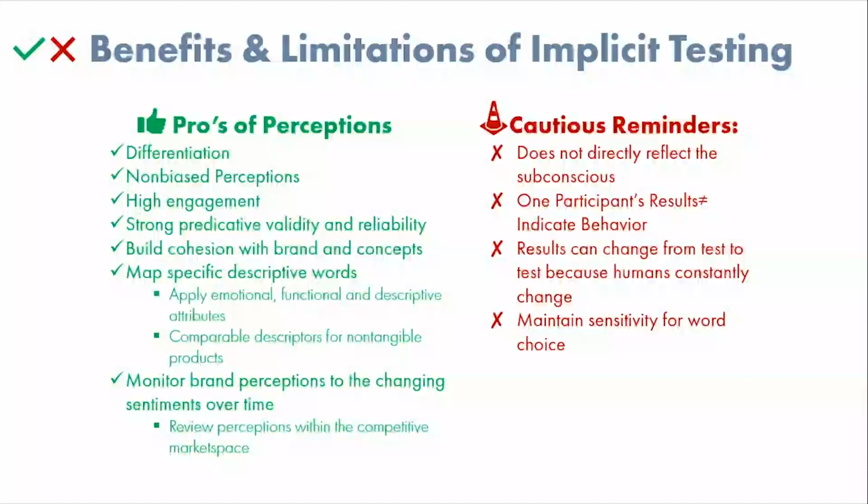It's good at taking a look at brand cohesion with different concepts and products, making sure the product meets the promise. And you can do mapping, right? Right, exactly. So you can really dive into the data and, like you said, map the words across all of the data that we gather from this relatively simple test.